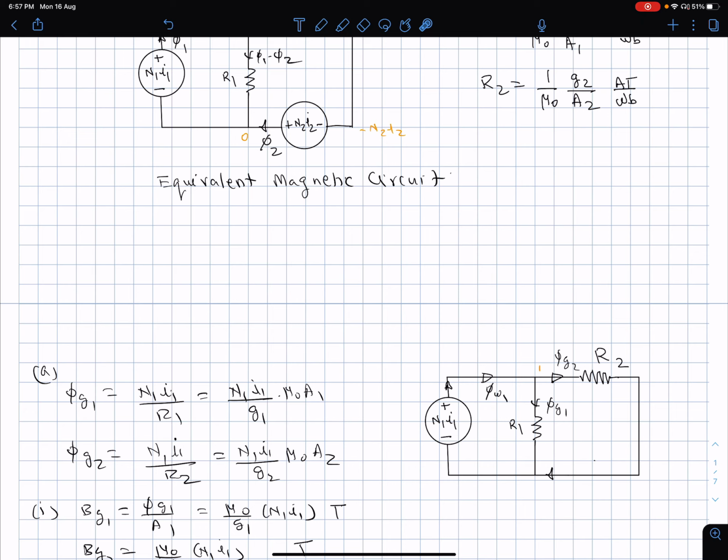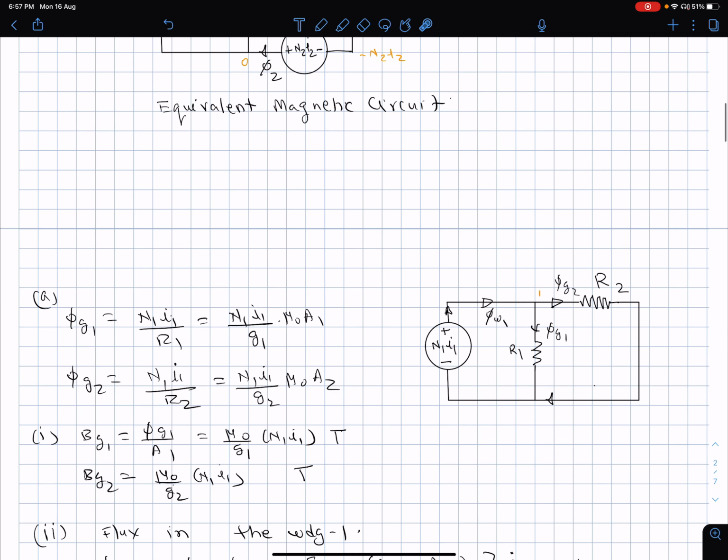They follow exactly the same laws as the laws of resistances. So if we want to calculate the flux in this path, we take this loop and we see N1I1 divided by R1, and substituting the R1 value there, you will get this flux to be equal to this, so many Webers.